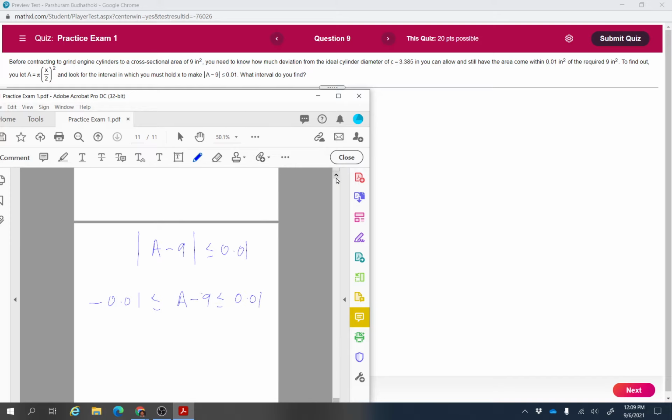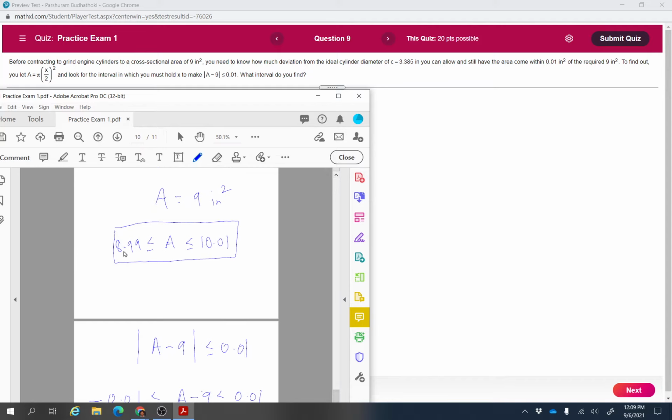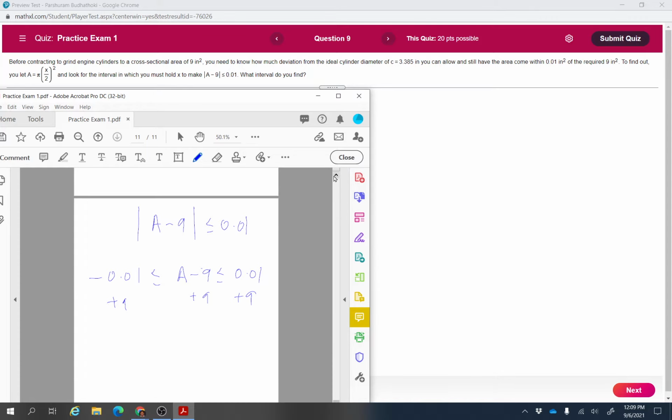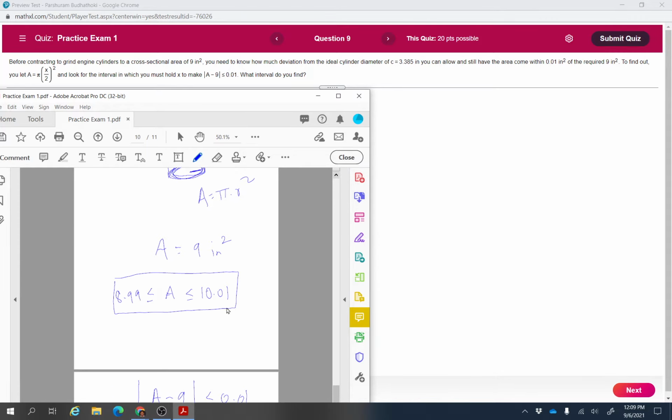And I already found A would be in between 8.99 and 9.01. I can get that by adding 9 to this inequality. If I add 9, oh, so it's not 10, sorry about that, I made a minor mistake here. It should be 9.01 because I'm adding 0.01 to 9.